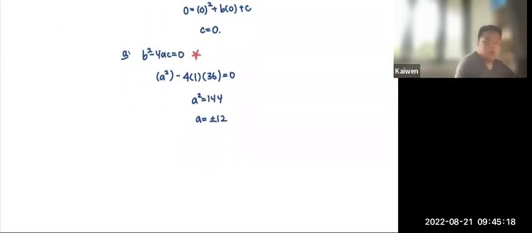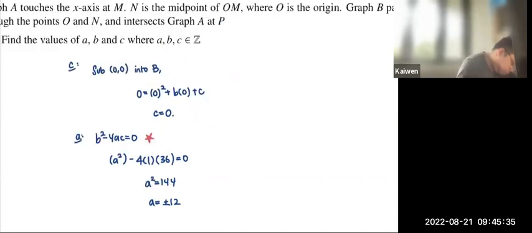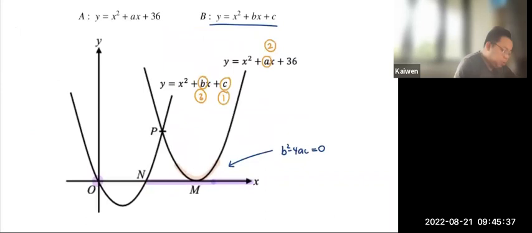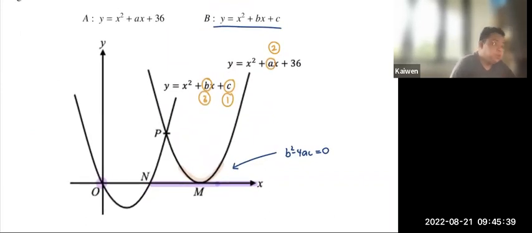Now at this junction, a lot of people actually go and happily reject the negative answer. And is that true? No. A lot of people rejected the negative answer and claimed that A is positive 12. But if you do that, you're going to face a very big problem. So how do you tell which value of A to choose?